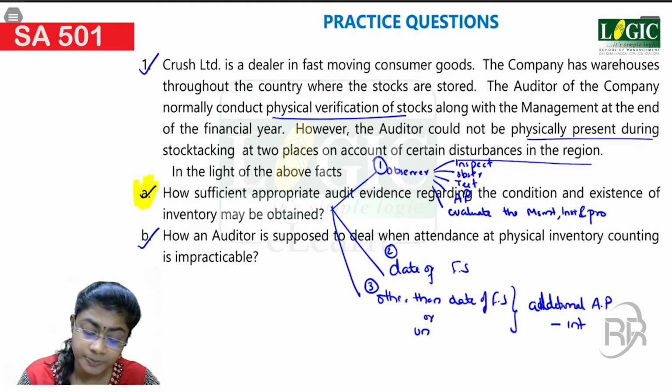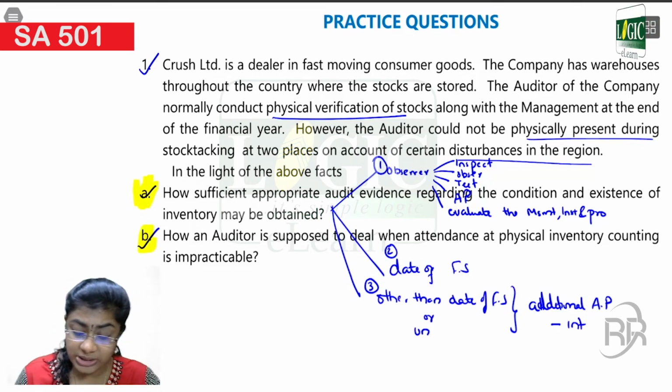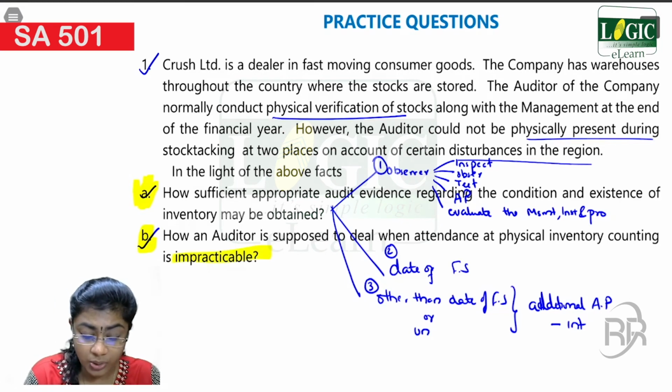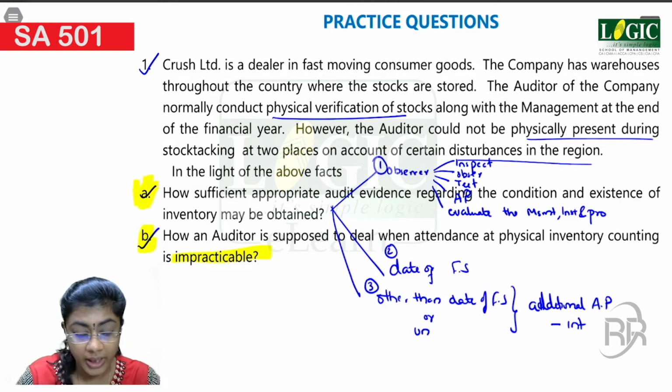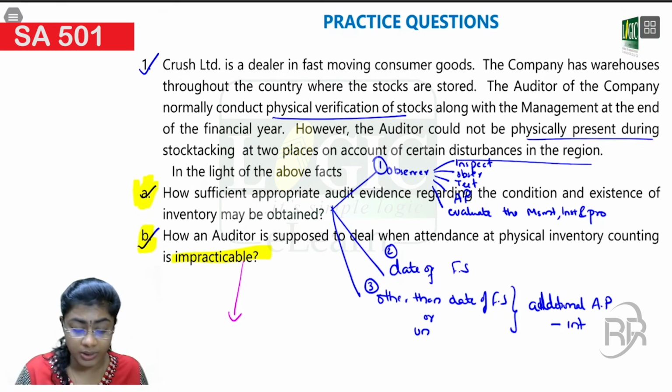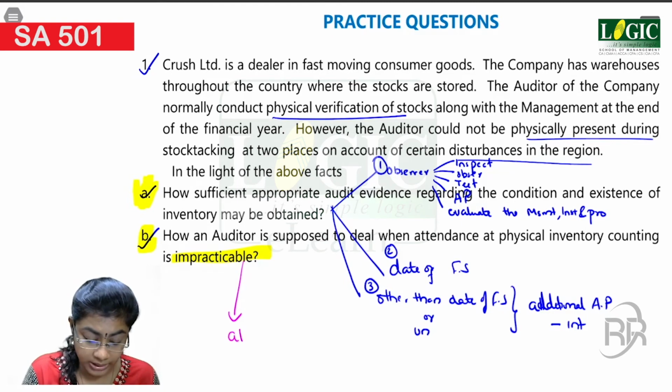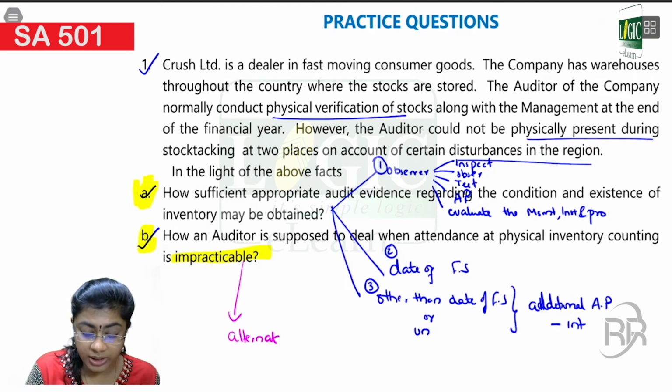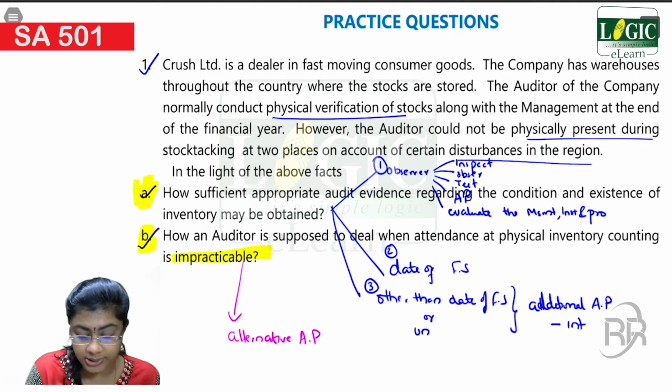Am I clear? With respect to B, they ask what to do if inventory counting is impracticable. In such a case, where inventory counting is impracticable, the auditor shall perform alternative audit procedures.